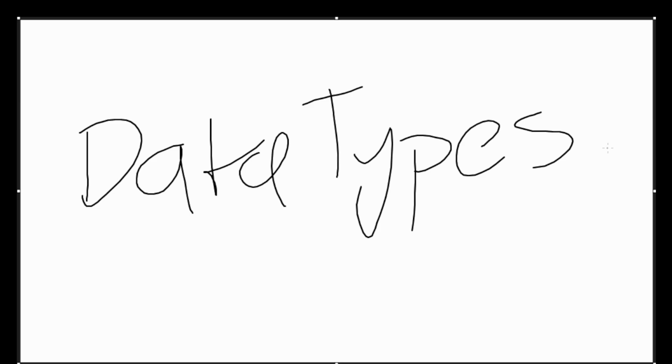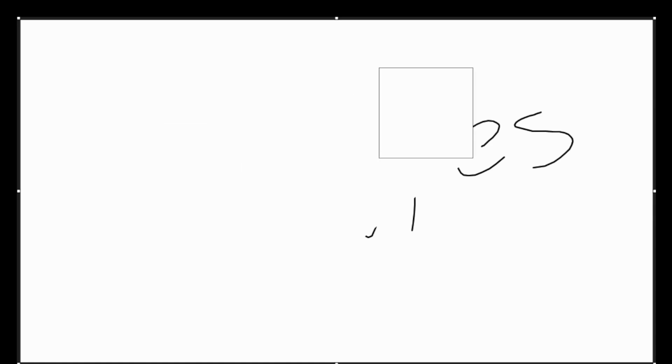Now, what are some examples of data types? In Python, the most basic ones that we need to know for now are strings, which are things that are enclosed by double quotations or single quotations.